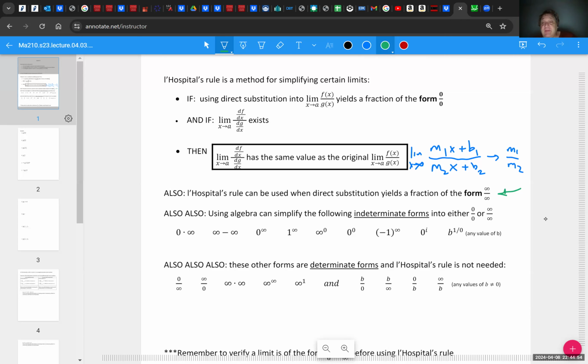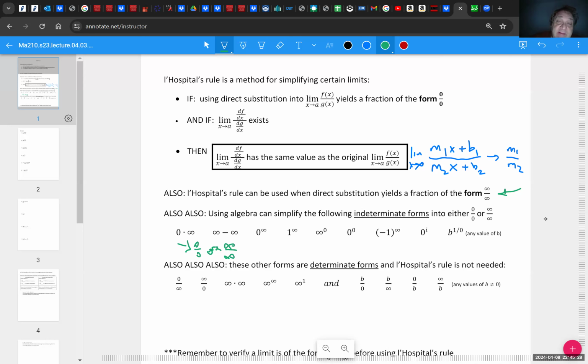And in fact, there are several indeterminate forms. 0 times infinity: if you plug in a number and it's not a fraction, but it's a thing times a thing, f of x times g of x, where f of x is 0 and g of x is infinity, or you can switch those two, that's also an indeterminate form. And you can use algebra to simplify this thing into either 0 over 0 or infinity over infinity. So we'd have to simplify it first so we can actually use L'Hopital's rule.